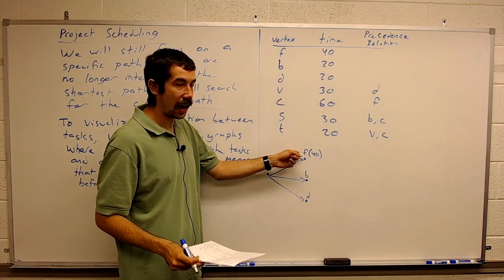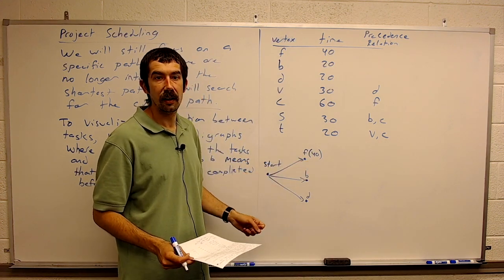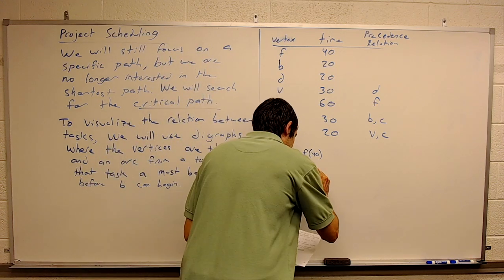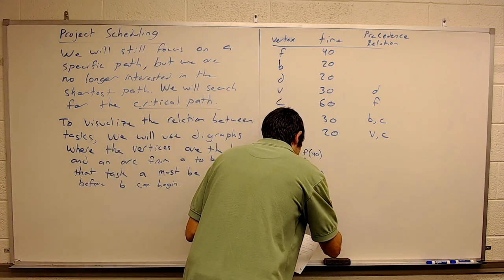So this tells us that F takes 40 minutes, let's say. B takes 20. D takes 20.